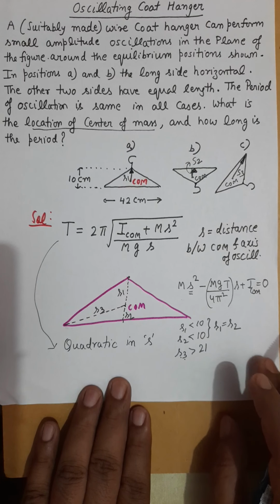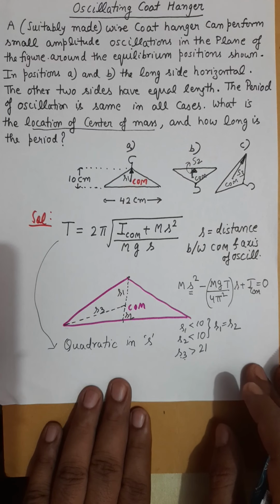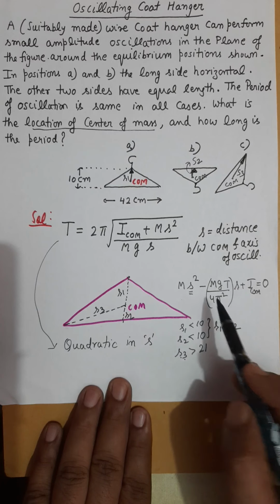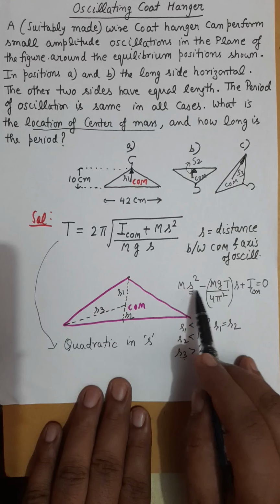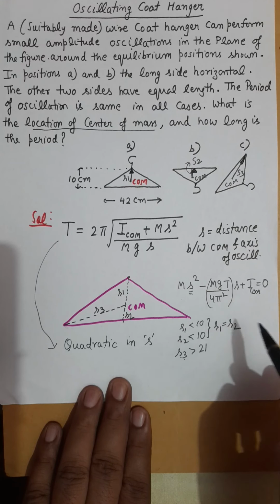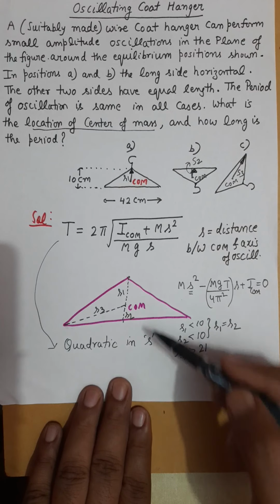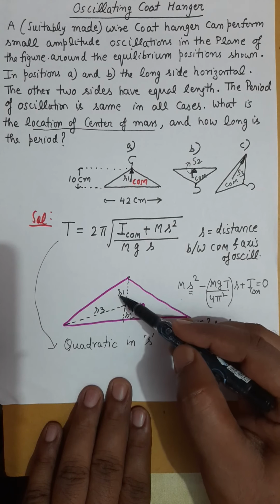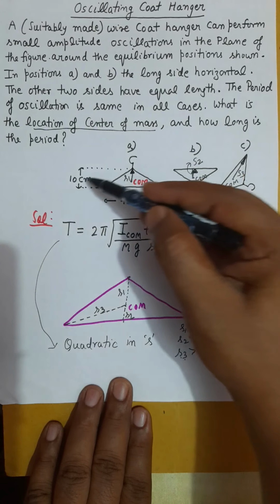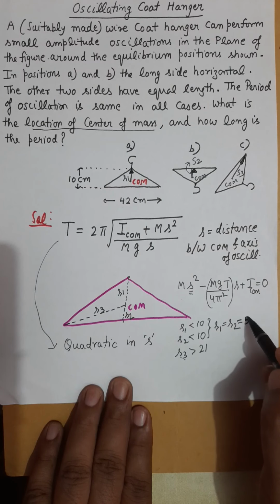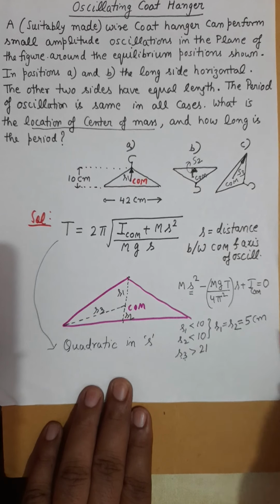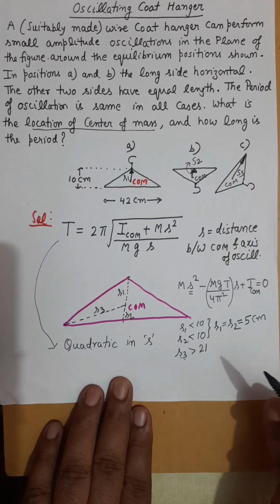Now the second part: how long is this time period? So now this quadratic equation will have two roots. If s1 equals s2 and the total value is 10 centimeter, then s1 equals s2 equals 5 centimeter, right?